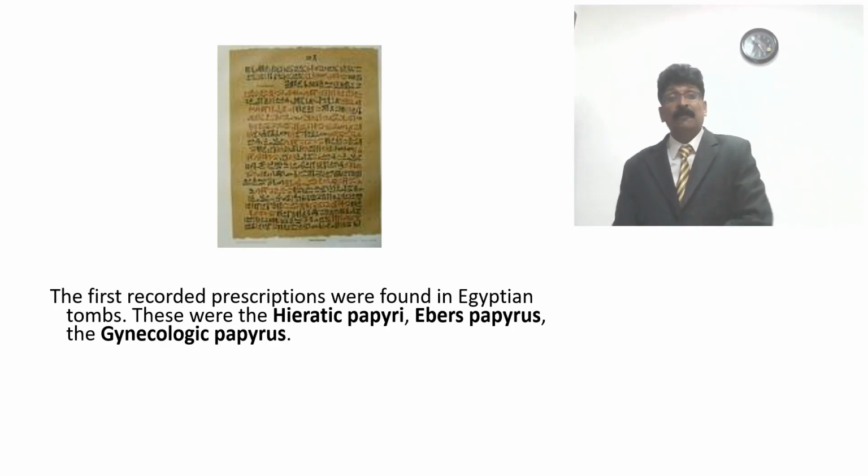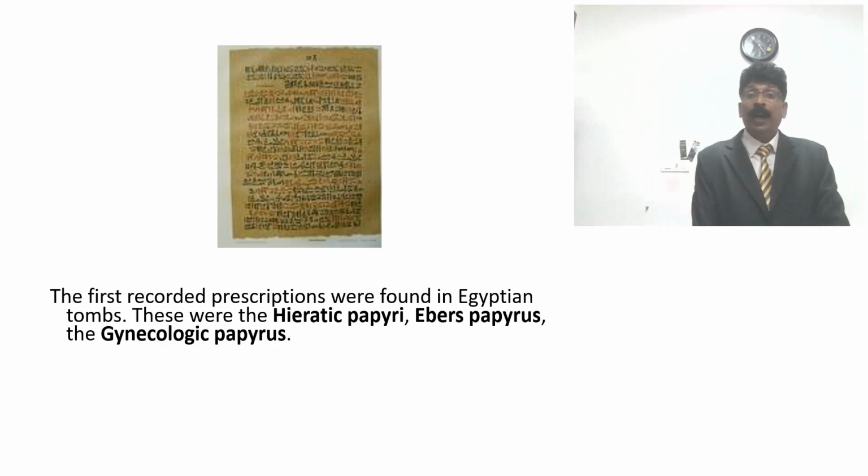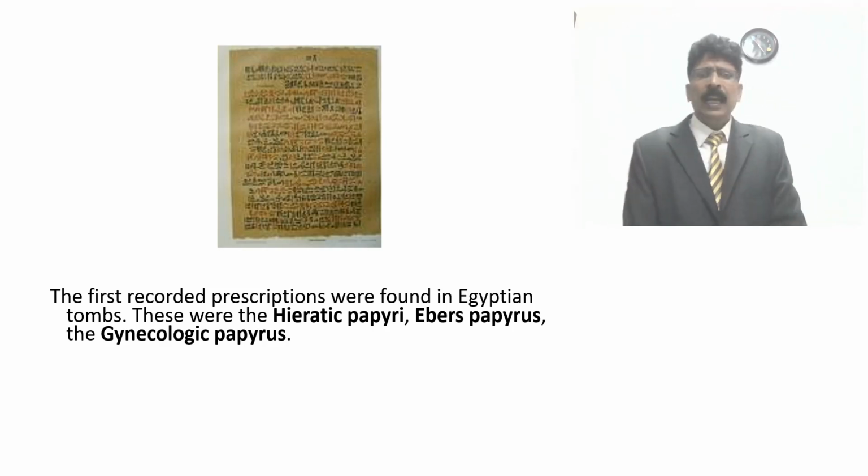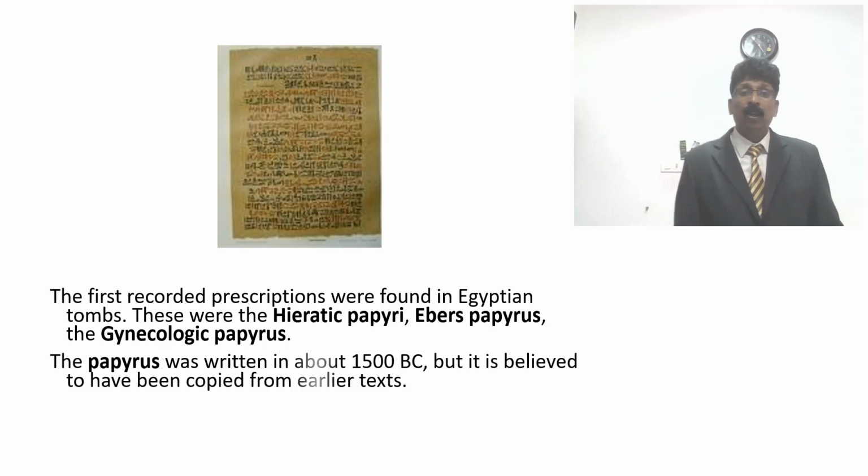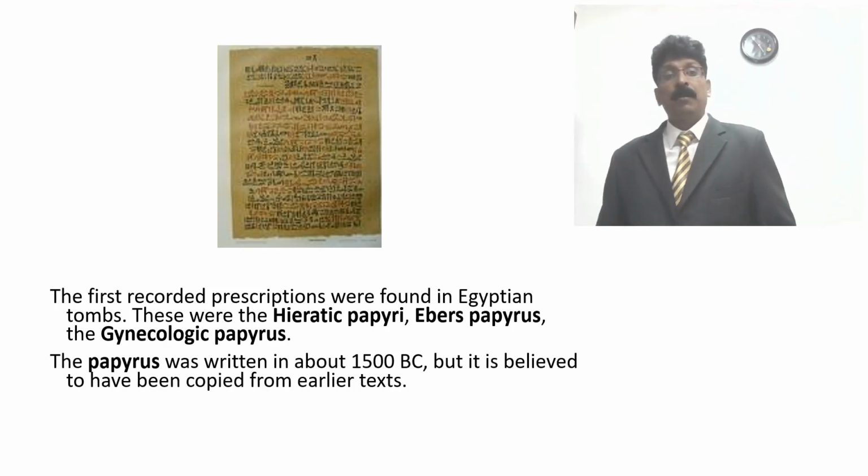This is the first record of prescriptions, found in Egyptian tombs. These were the hieratic papyri, Ebers papyrus and gynecologic papyrus.